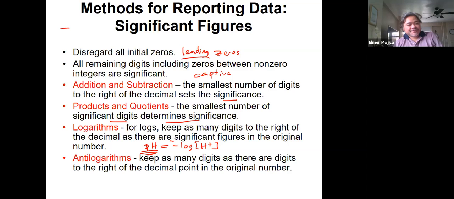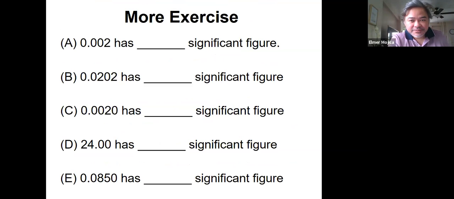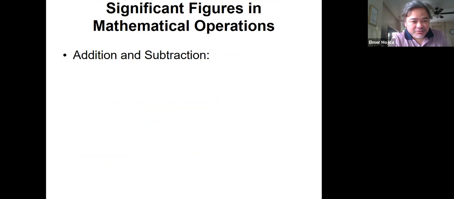For the anti-log, keep as many digits as there are digits to the right of the decimal point in the original number. We have examples of this as we go on. Maybe I'll ask you to do it on your own. So we go to the mathematical operation.